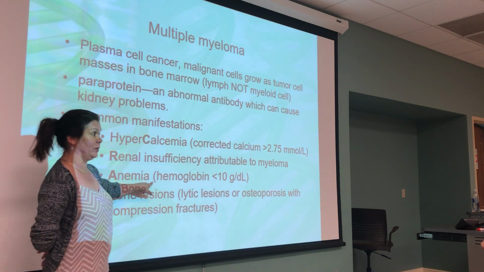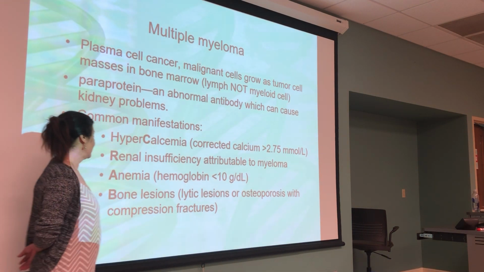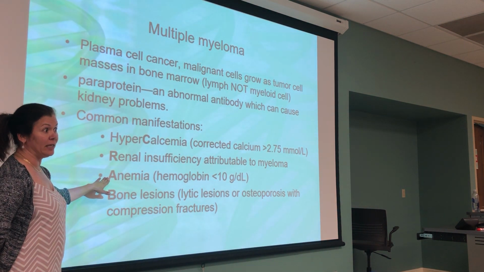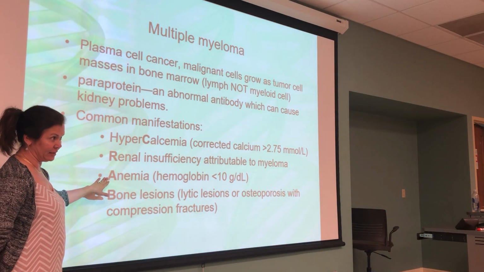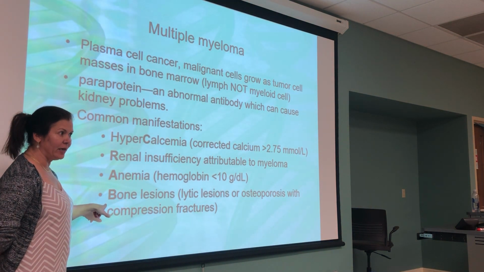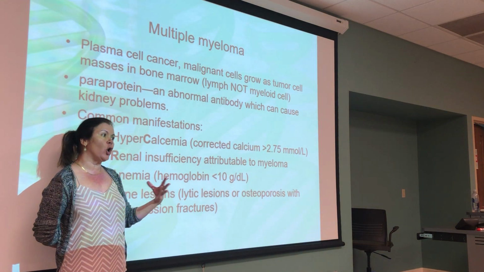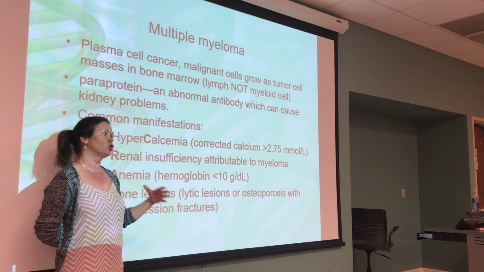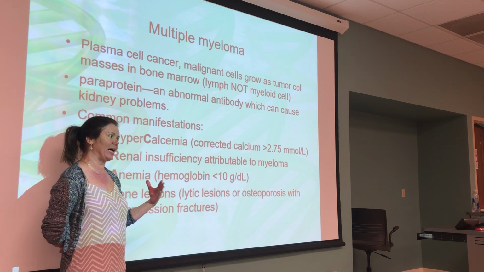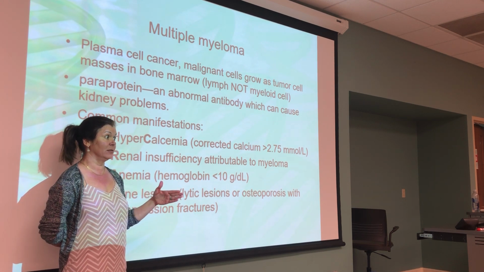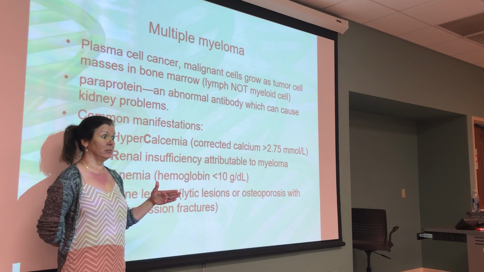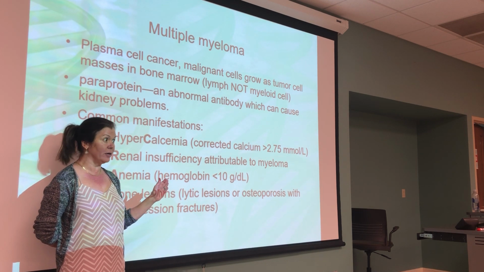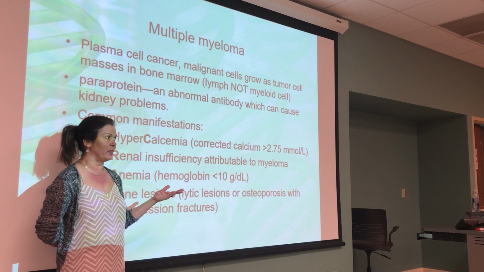A for anemia, even though the myeloid is rarely affected. And B for bone, because there's so much hyperproliferation of the bone marrow trying to compensate for the plasma cells being affected, that the immune system is like, I don't know what's going on. Let me try to overcome that.